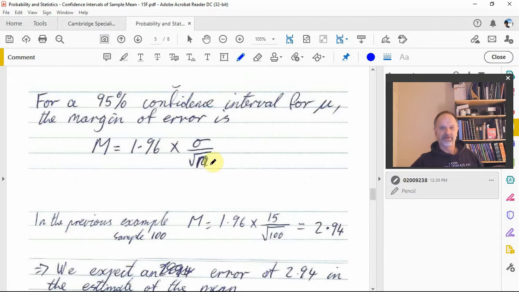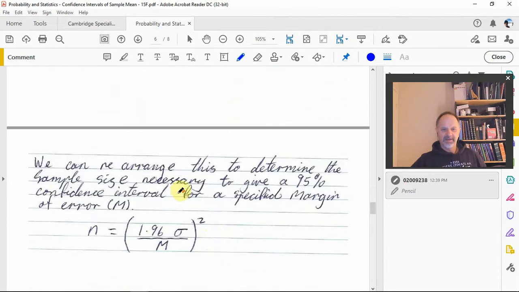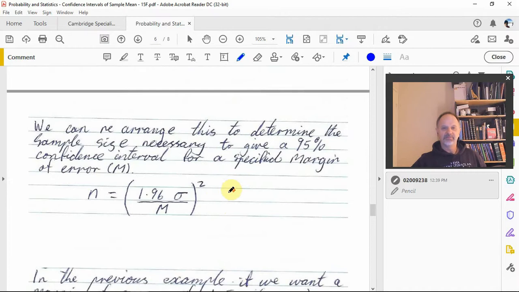If we rearrange this formula, we get this one here. So we can say, I want a margin of error of a particular size, put it into this formula, and this tells us how big our sample needs to be.